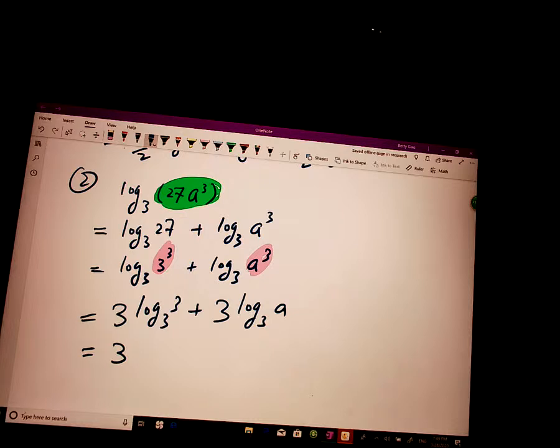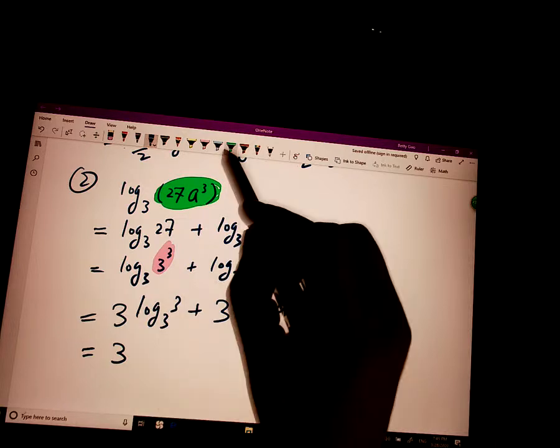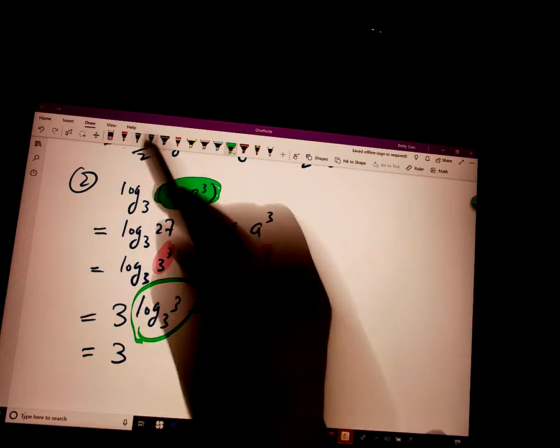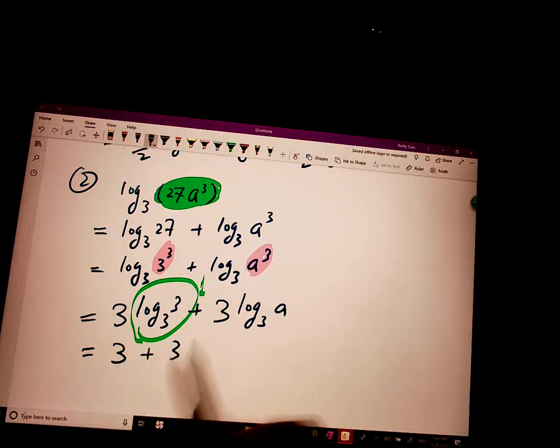I asked you to remember that if the base and the argument are identical, then the logarithm equals 1. Yes, that is 1. This part equals 1, and we have 3 plus 3 log base 3 of a. And that's the expansion.